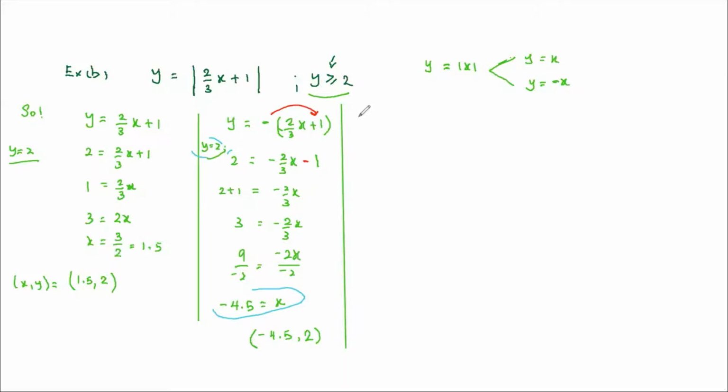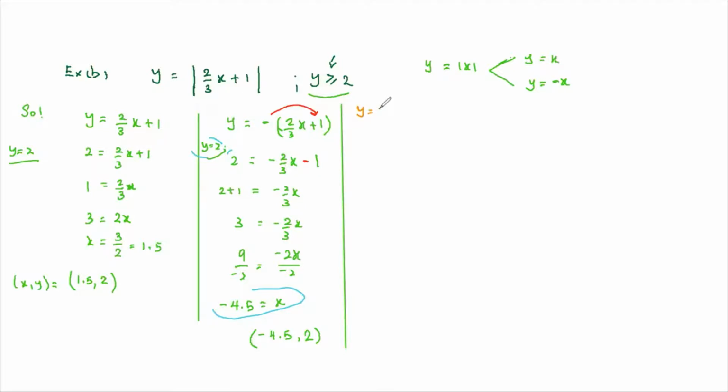How about we check another point, like y equal to 3? Because y is greater than 2, you can try 2, 3, 4, 5, 6, 7, even decimal numbers, as long as they are greater than 2. The easy one is y equal to 3, since a positive integer is easiest to calculate.